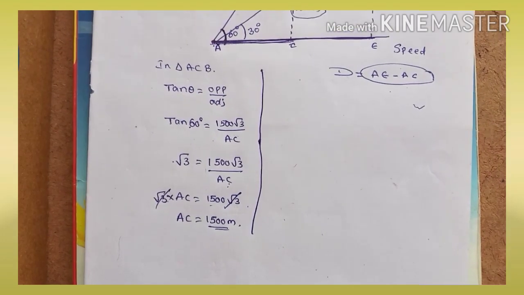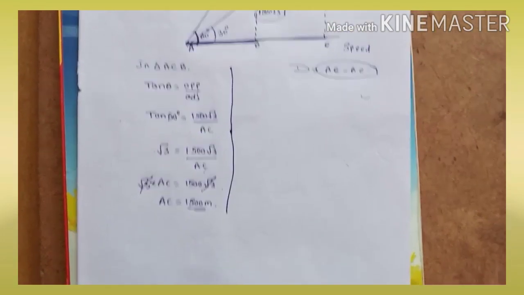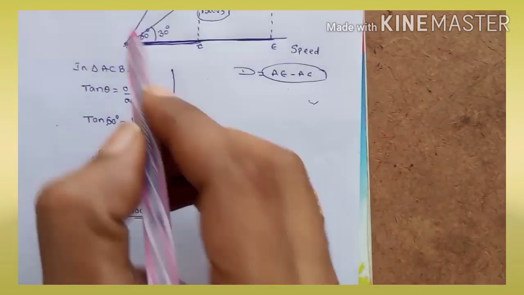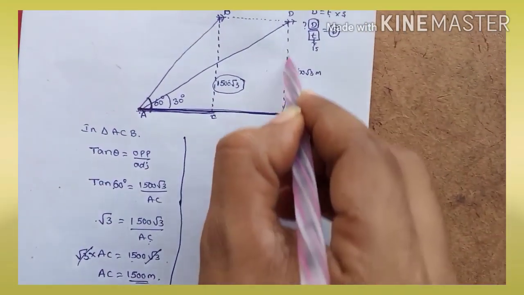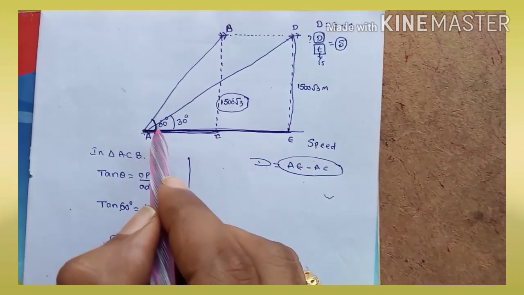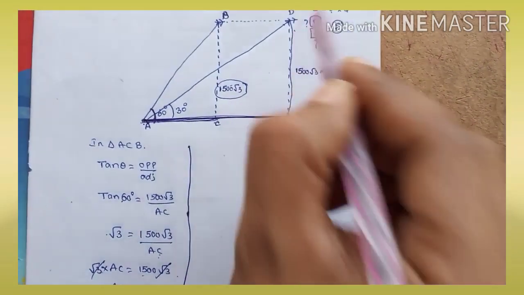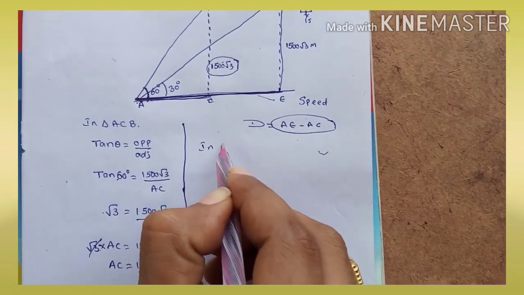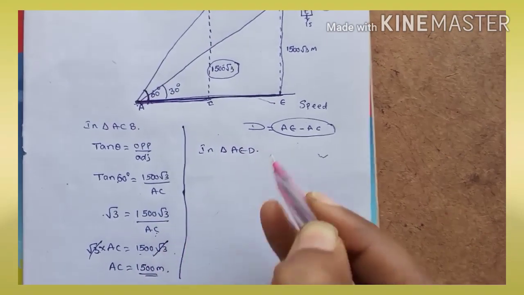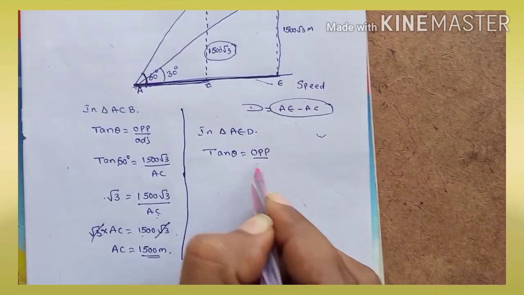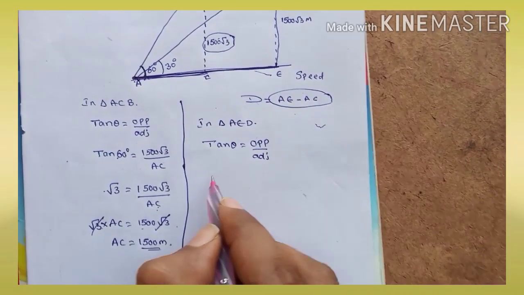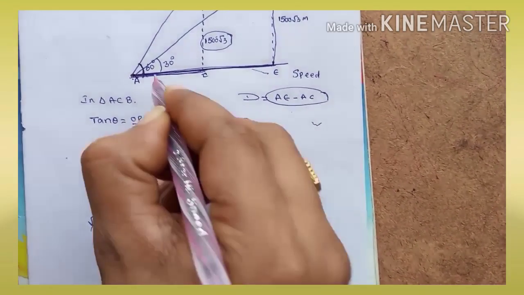Now we have to calculate the second length from the figure. In the triangle AED, you can apply tan theta is equal to opposite side by adjacent side.